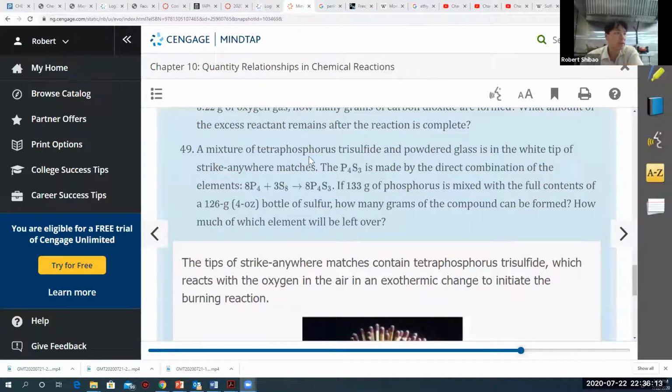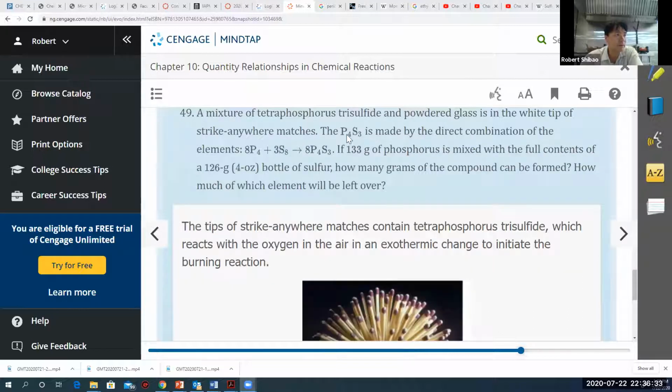A mixture or tester of tetraphosphorus trisulfide and powdered glass is in the white tip of strike-anywhere matches. Okay, so tetraphosphorus trisulfide must be unstable, maybe. And so that decomposes flammably, in the flame, redox. P4S3 is made by the direct combination of phosphorus and sulfur, this reaction.